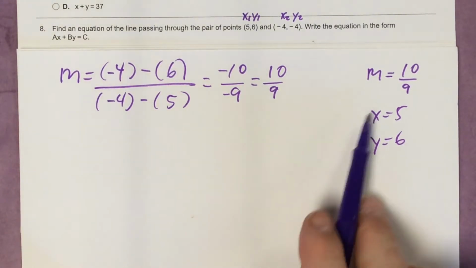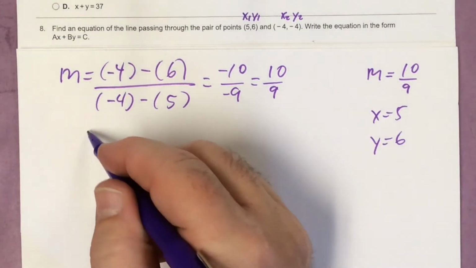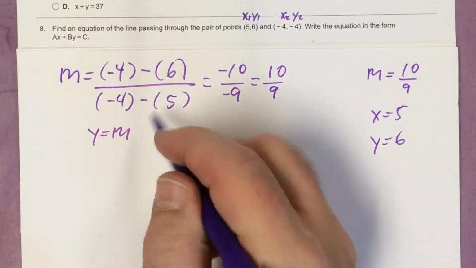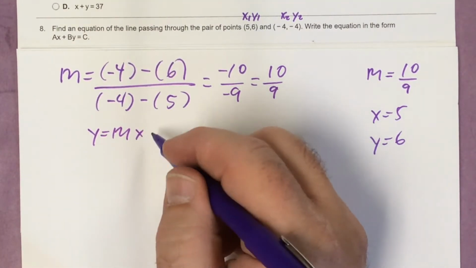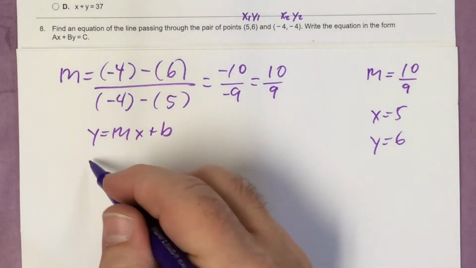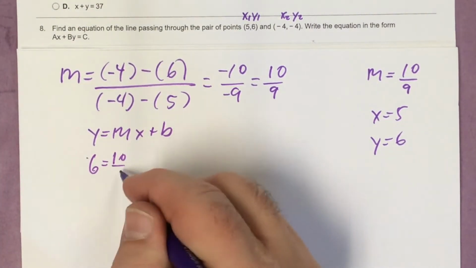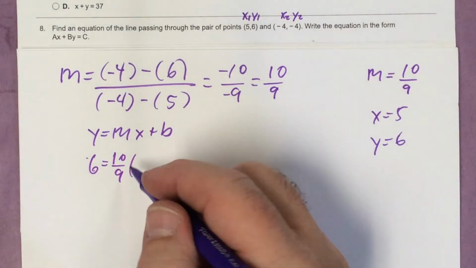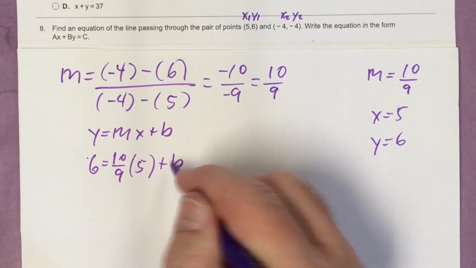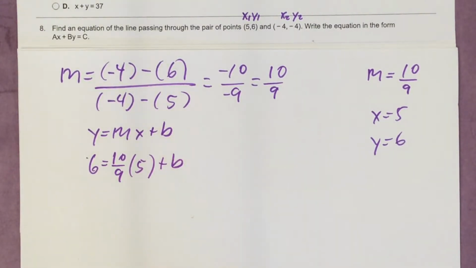Okay? So now I'm going to write down the formula for slope-intercept form. So y is 6, m is 10 over 9, x is going to be 5 plus b. And let's see here, just double checking my work again, okay.